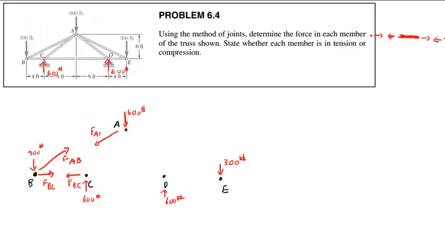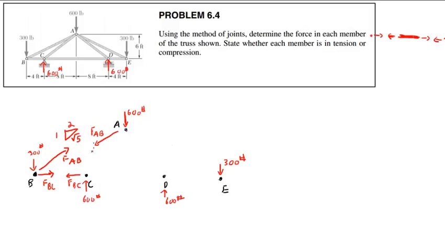Sorry, FAB. And the force triangle for this one is going to be, let's see, 6 and 12. So in other words, 1 and 2, or root 5.